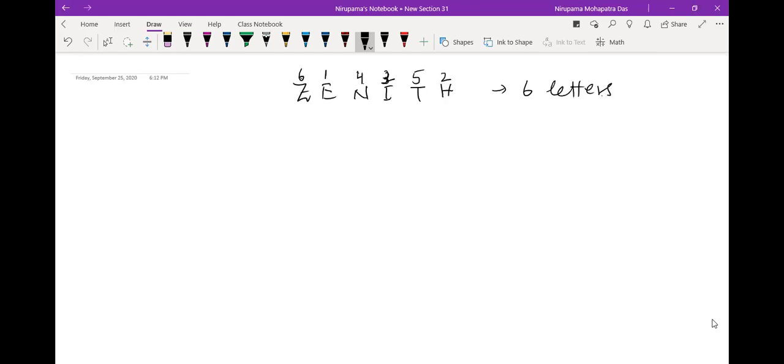Then you can write here E, then H, then I, then the fourth one is N, then T, then Z. Then 0 factorial, 1 factorial, 2 factorial, 3 factorial, 4 factorial, 5 factorial.